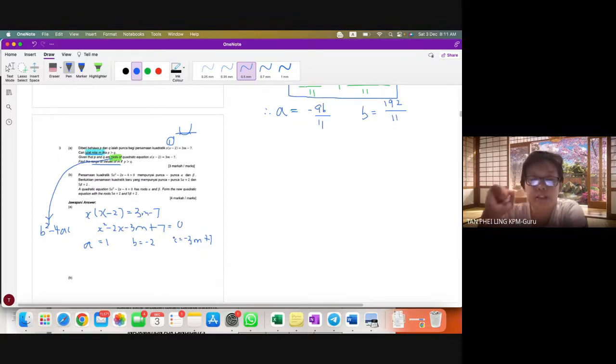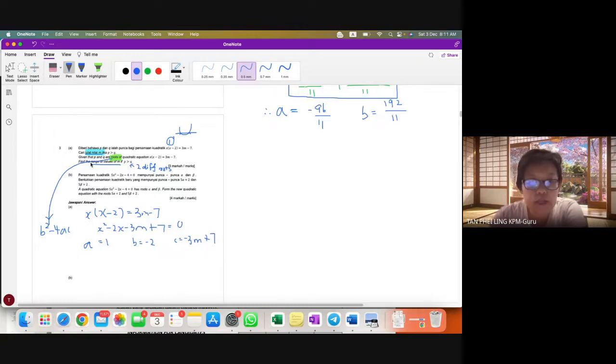Yeah, so when you see the word roots and someone tells you P is bigger than Q, it is to tell you that these are two different roots. Okay, two different roots. Okay, so now you have A, you have B, you have your C. Write down properly. Later we'll surely got problem. Okay, write down. Okay, so let's continue.